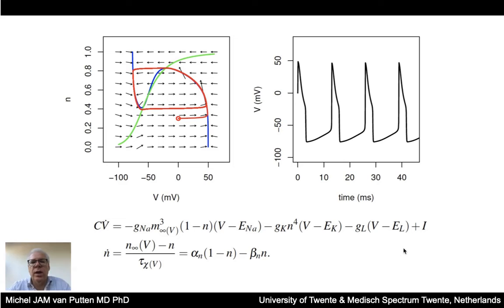We also learned that we can reduce the four-dimensional Hodgkin-Huxley equations to a lower dimension. This is an example of the reduced Hodgkin-Huxley equations that still captures the essence of an excitable neuron, that is the generation of action potentials. The advantage of this approach is that it makes it possible to do the analysis in two dimensions, in a plane, which is relatively easier than working in 4 dimensions.